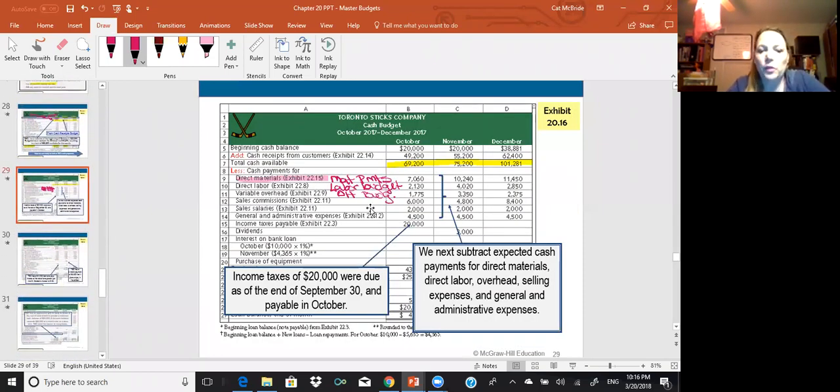And then we have our sales commission, which came from our labor budget, and our sales salaries of 2,000, and our general and admin expenses. These all came from budgets. So all of this came from budgets.